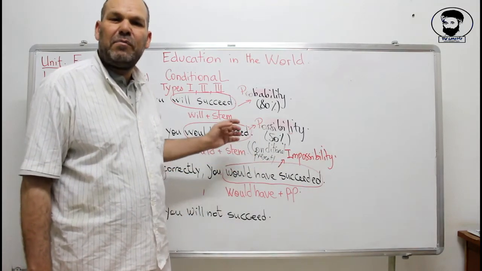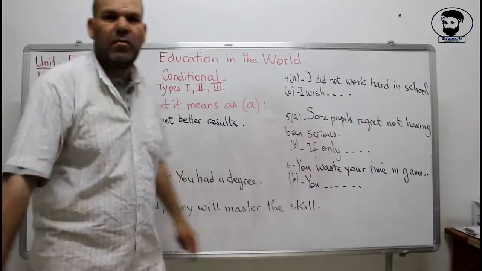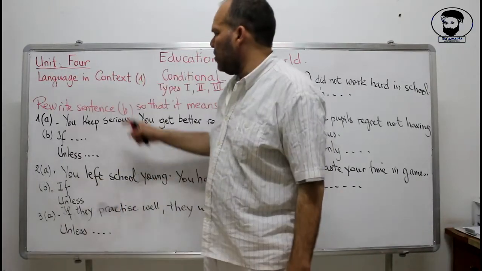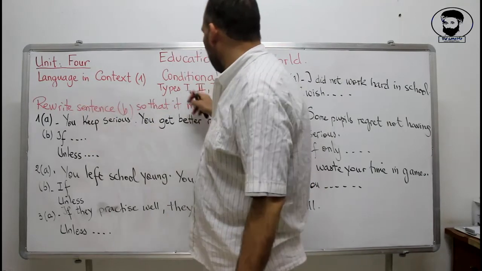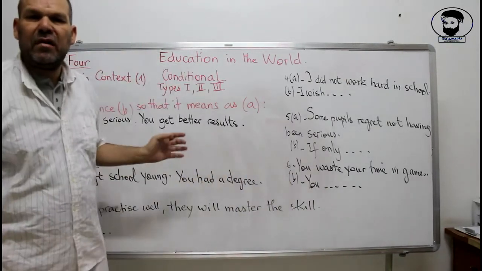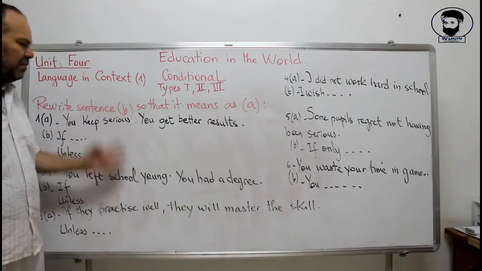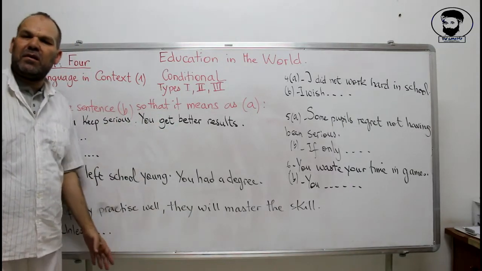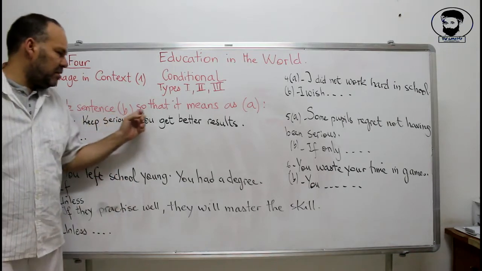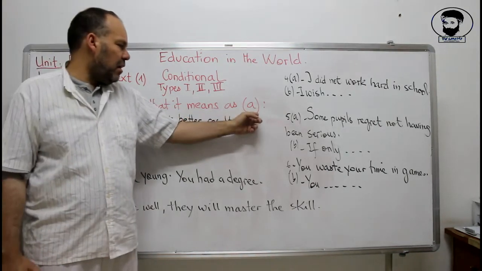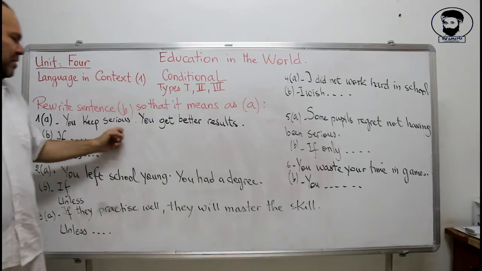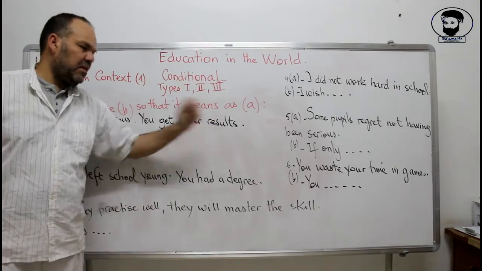Now let's see practice. As a practice of what we have seen according to the conditional form, which is conditional type 1, type 2 and type 3, and the correlation between the use of if and unless, let's make a short practice on one of the bac exam activities, which is: rewrite sentence B so that it means the same as A. Now, first: you keep serious, you get better results.